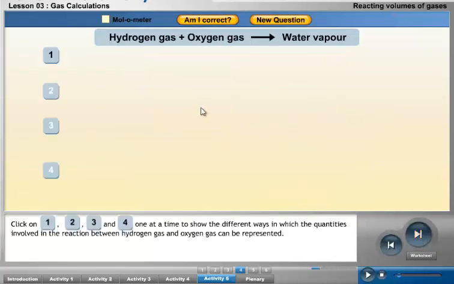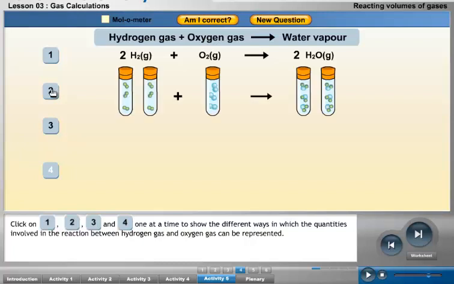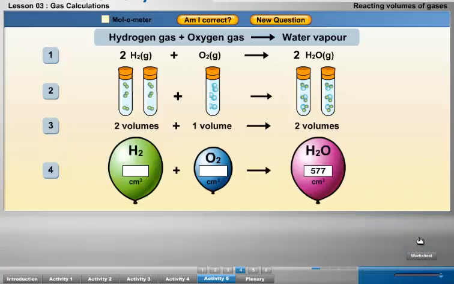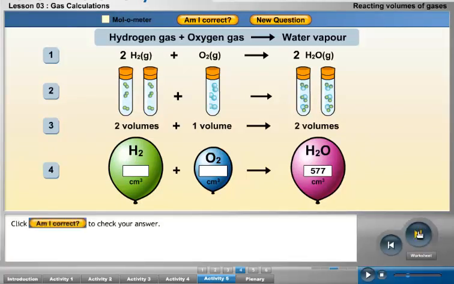Click on 1, 2, 3, and 4 one at a time to show the different ways in which the quantities involved in the reaction between hydrogen gas and oxygen gas can be represented. In 4, you must enter the correct volumes of gas in the 2 remaining balloons. Click "Am I correct?" to check your answer.